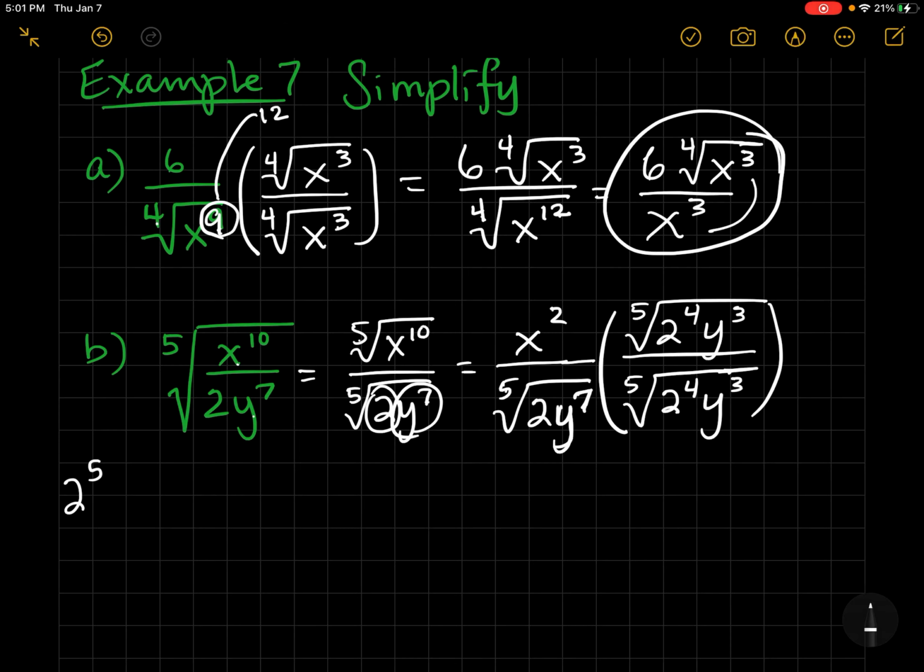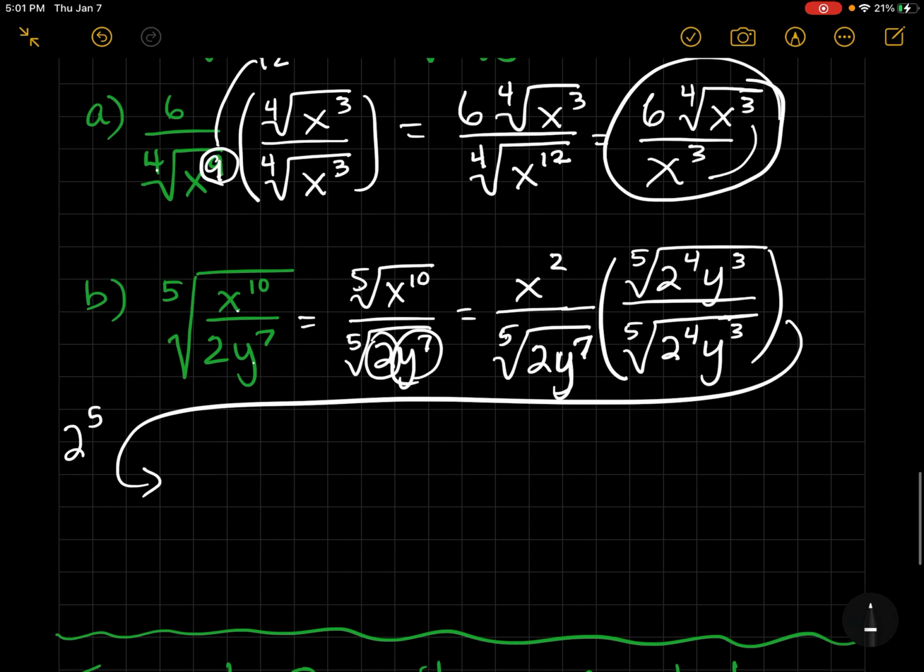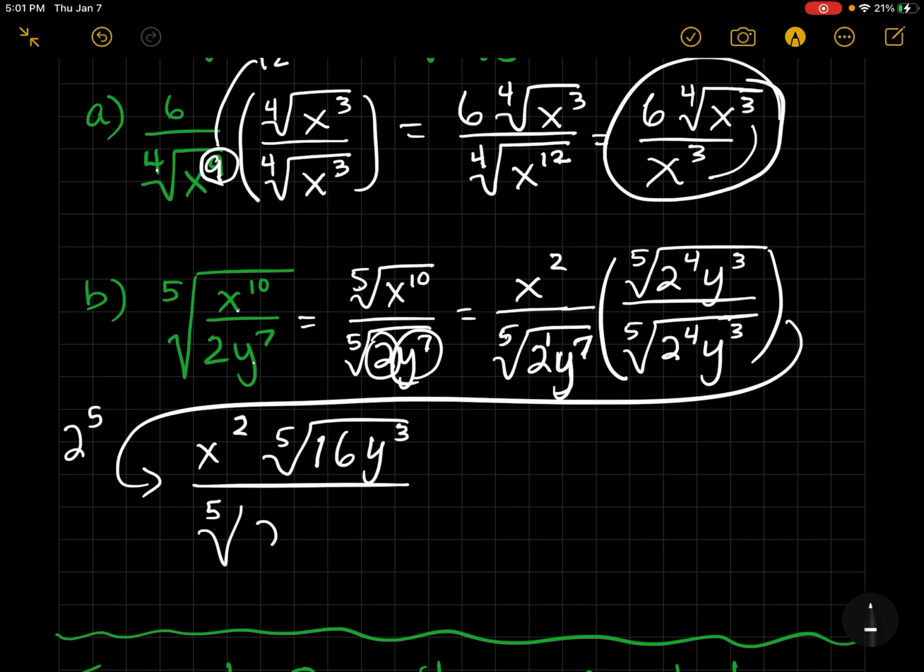Now, when you look, and I'm going to swing around here. When we look here, in the numerator, I have x squared times the 5th root of 2 to the 4th power. 2 times 2 is 4, 8, 16. That gives me 16 y to the 3rd. And downstairs, notice this is really the 1st power. So I have 2 to the 5th. 1 plus 4 gives me 5.